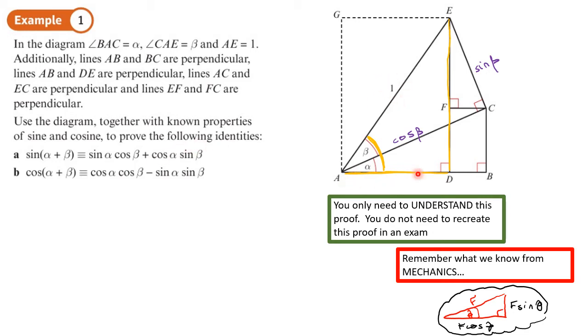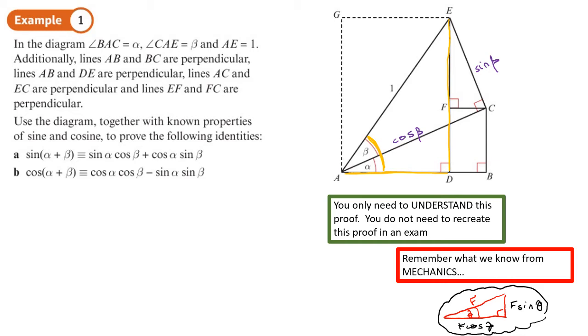Okay, and then I'll get my identity. So I basically want to work out what's the length of DE and what's the length of AD, and I'm sort of working my way towards that. Right, there's a bit more work to do.